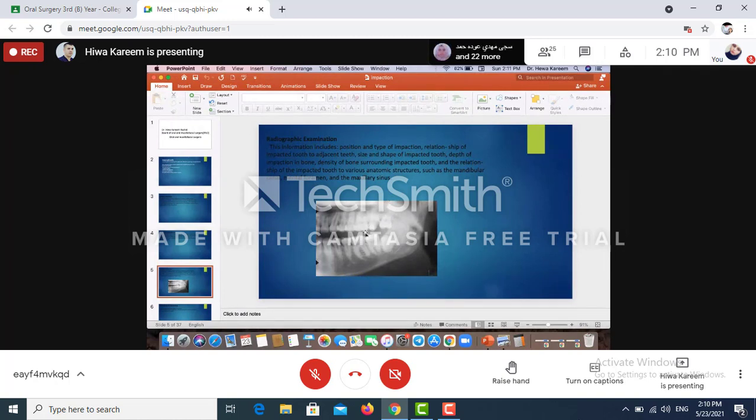This connection must be treated. But in the lower jaw, you must take care especially of the inferior alveolar canal, because the inferior alveolar nerve passes through this canal.